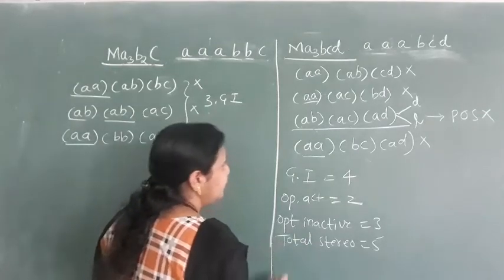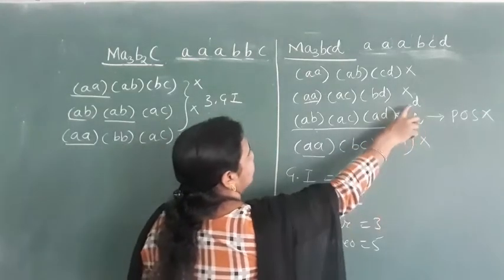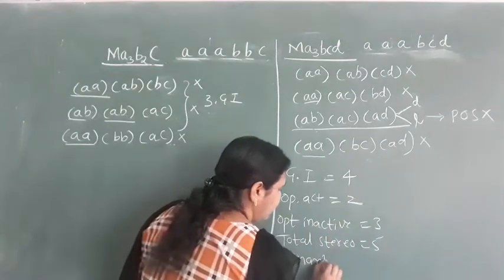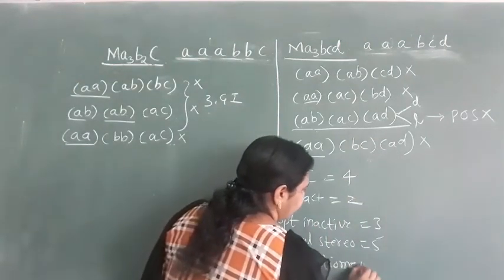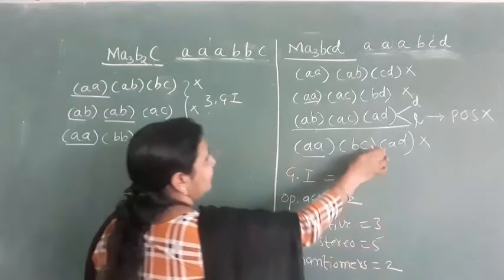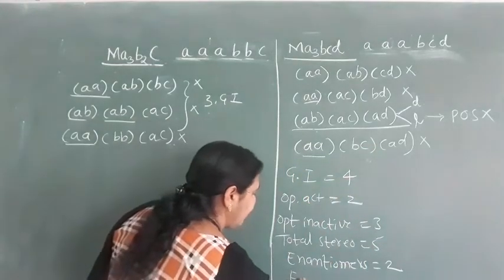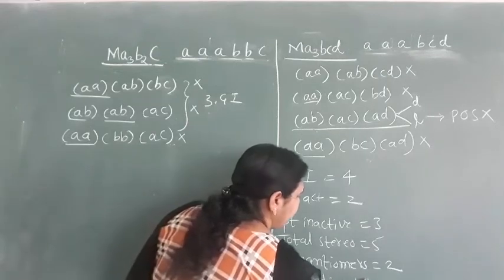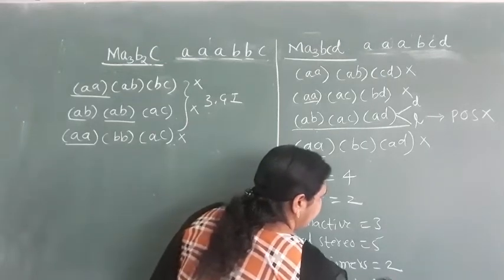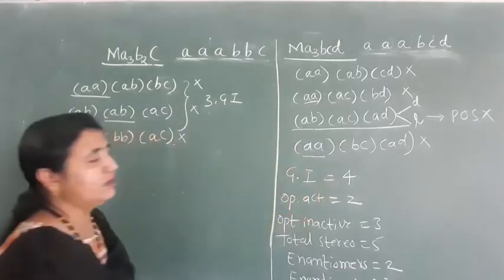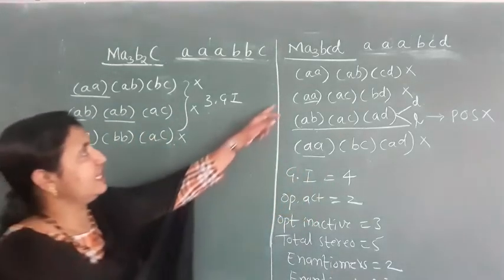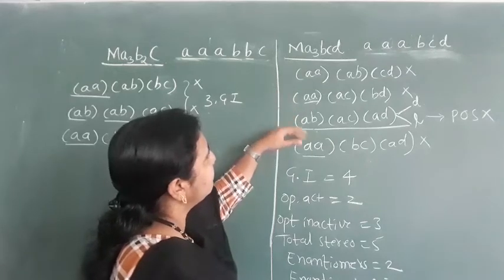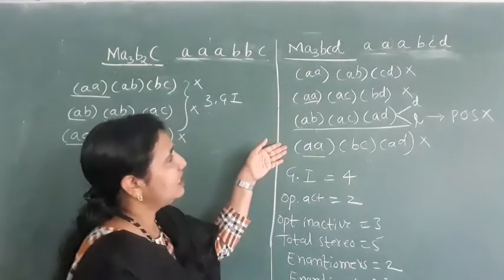And enantiomers, how many do we have here? 2. These are enantiomers. And enantiomer pairs, if they ask, how many do we have? 1 here. Okay. So in this case, one geometrical isomer will be optically active and the remaining will be optically inactive.